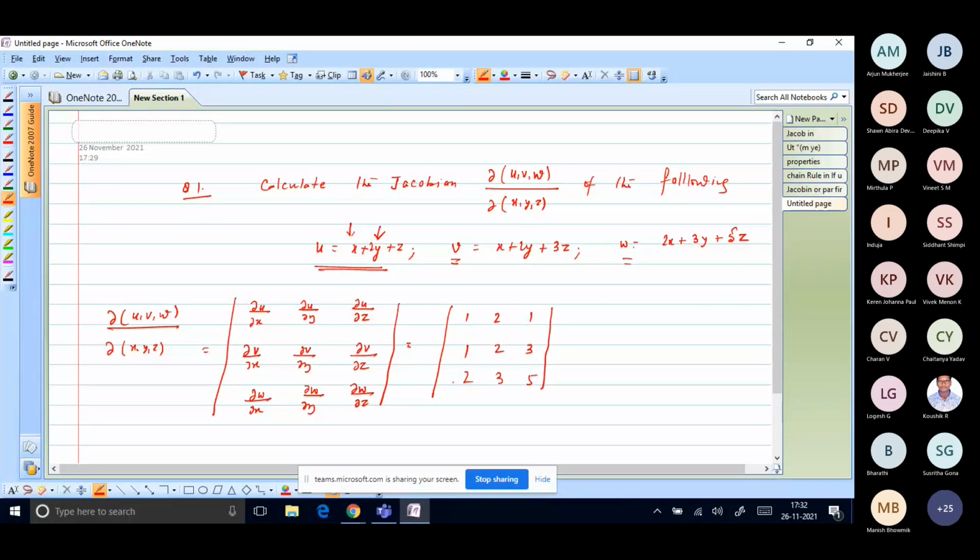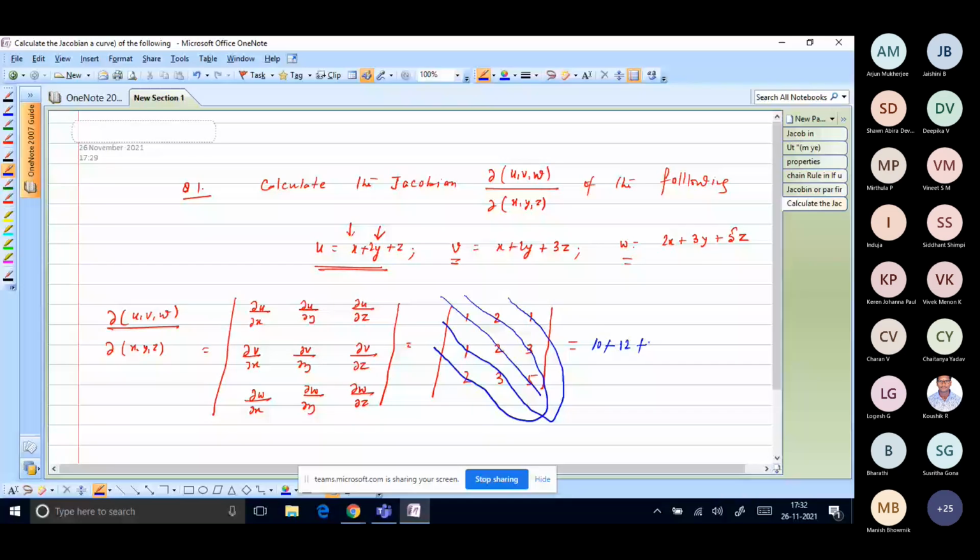So how can we find it by the easiest method? I multiply all the diagonal elements: 5, so 5 plus. I multiply the super diagonal elements along with this 2: 3 times 2, 6, into 2, 12, plus I multiply 1 with this 2 and 3, so plus 3.